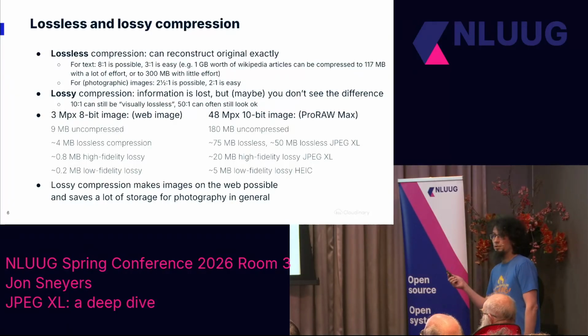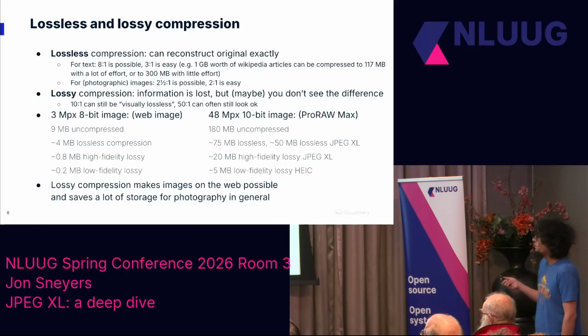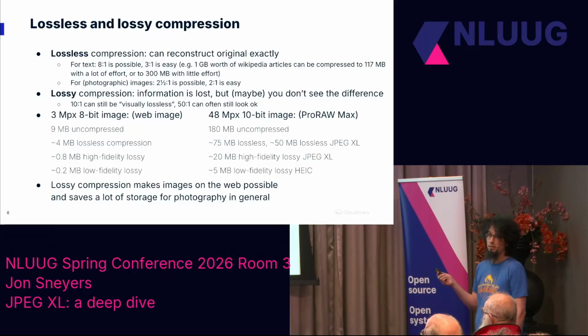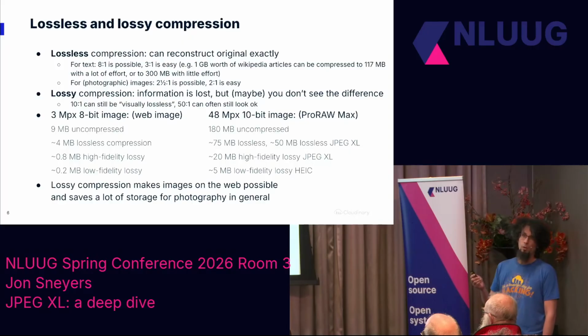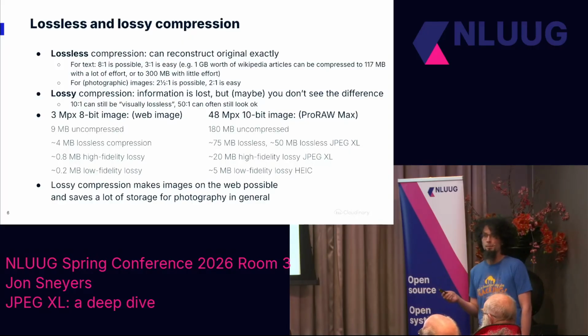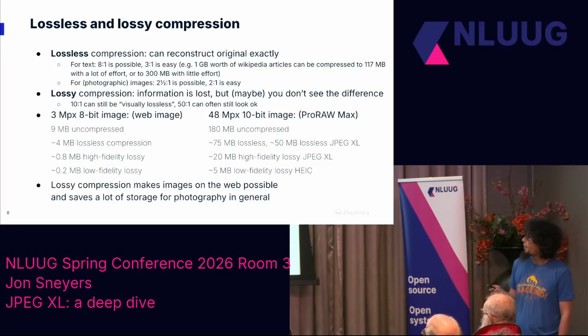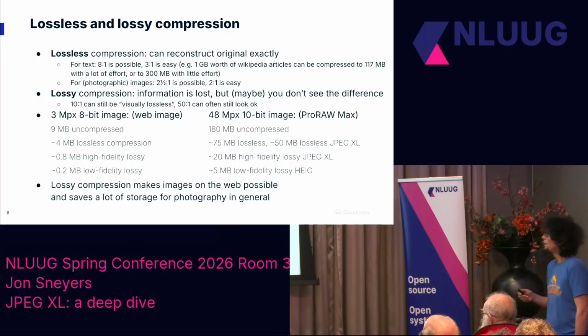For camera pictures, for instance, if you would store the raw image uncompressed, say an iPhone Pro RAW image, this would be about 180 megabytes per picture. But if you apply lossless compression, you can halve that or even divide it by 3. If you apply lossy compression, even at a very high fidelity, you can reduce it further.